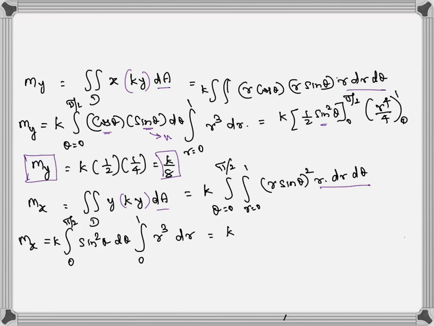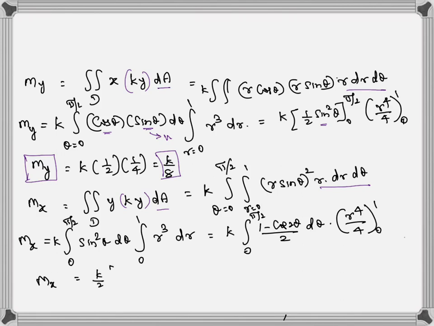So it is k times, using the half angle formula here, the integral of 1 minus cosine of 2 theta over 2 d theta, times r to the power 4 over 4 between the limits 0 and 1. The k halves can be pulled out.